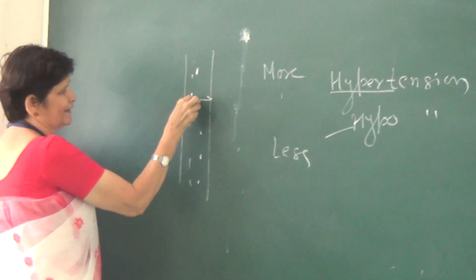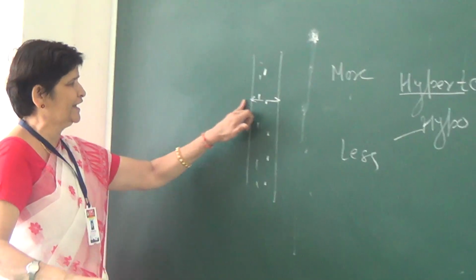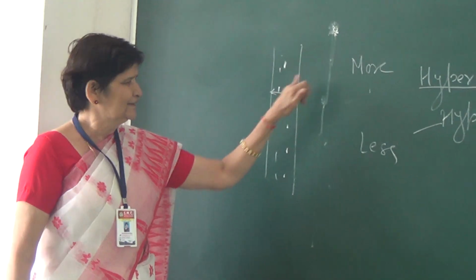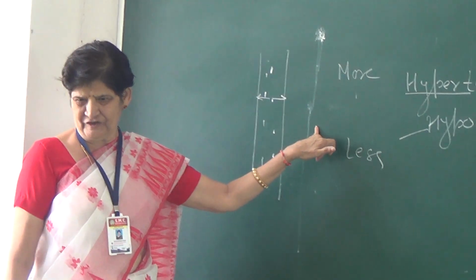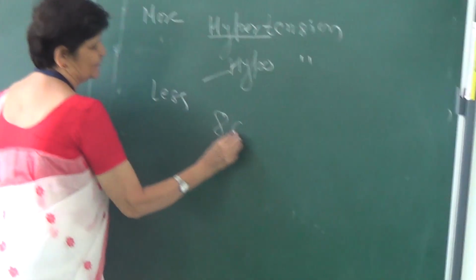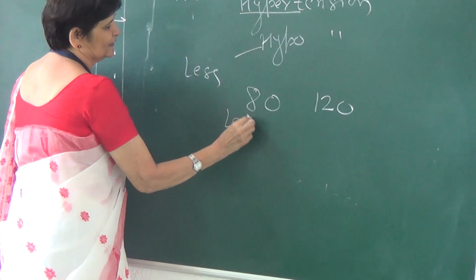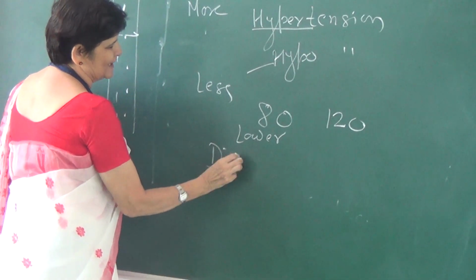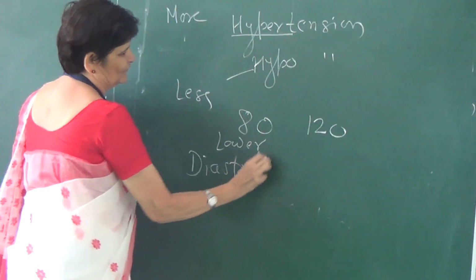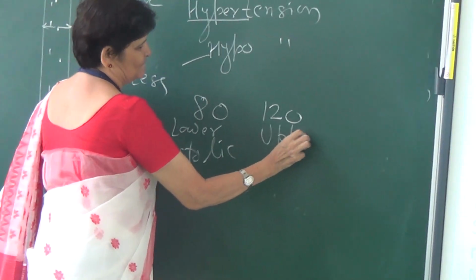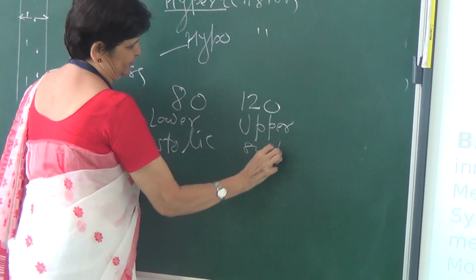This blood exerts a pressure on the inner walls of the artery. That is called the blood pressure. Normally 80, 120, that is the blood pressure. This is lower, that is called diastolic, and upper, that is called systolic.